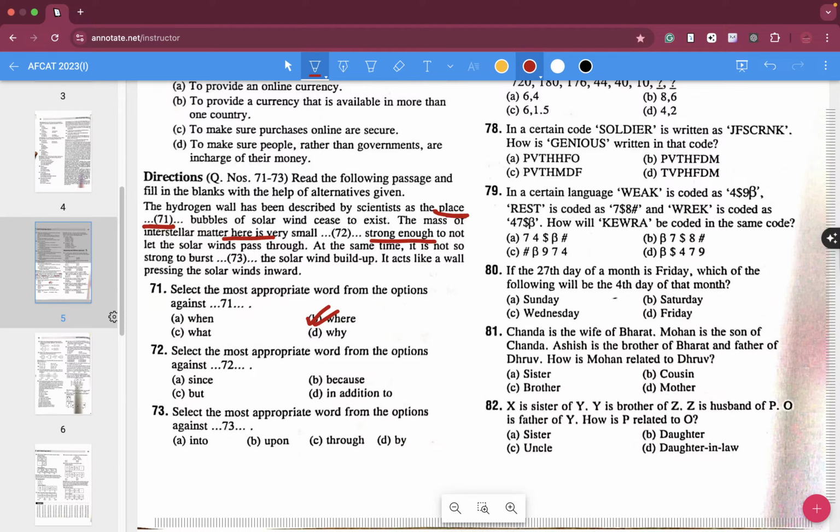I think there is a change in the sense in which the talk is going on. Okay, the mass of the interstellar matter is very small but strong enough to not let the solar winds pass through. At the same time, it is not so strong as to burst. Okay, burst upon, right? Burst by, okay, burst through, right? Burst into, right?